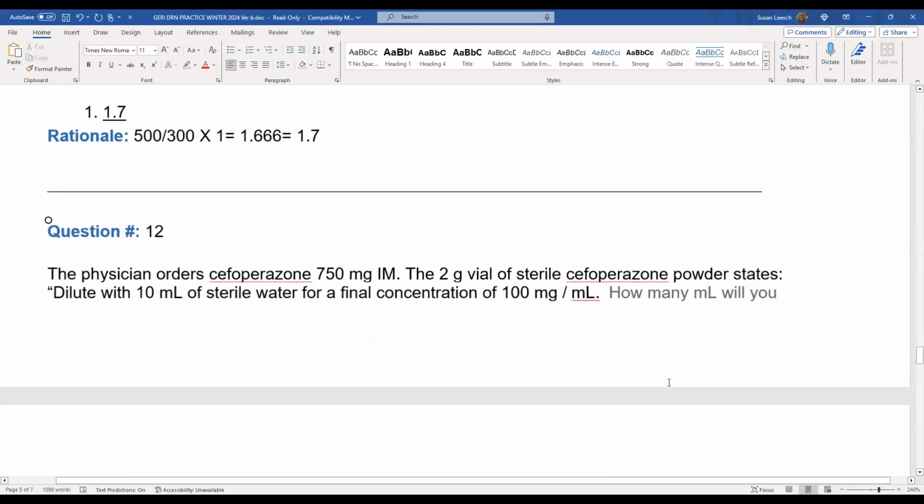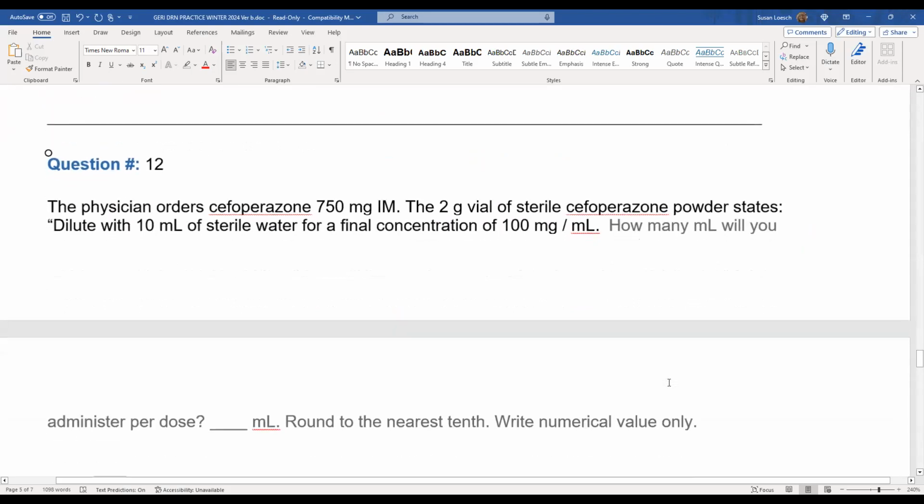Okay, this one's the same way. Try it. Again, it's asking how many mLs will you administer per dose? So right away, that tells you the formula. Then you see your final concentration and you see your ordered dose. Everything else in there doesn't matter. It would come like that, but it doesn't matter for solving.